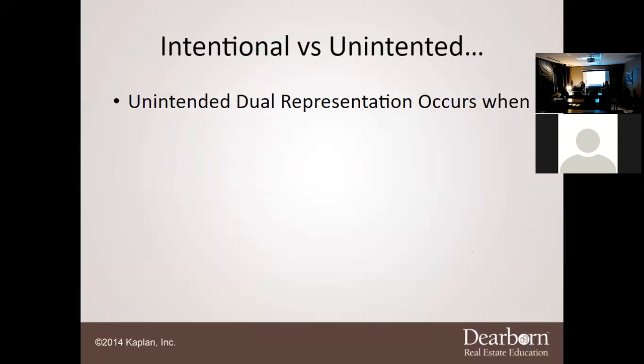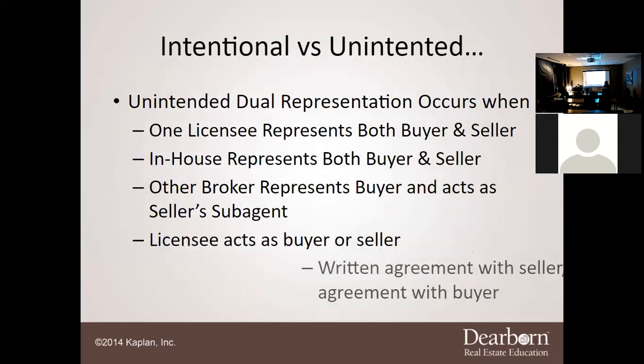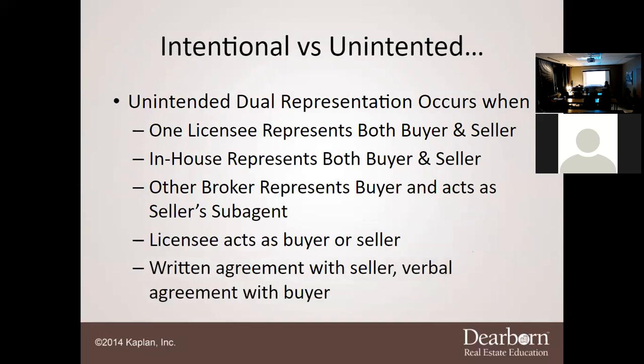Now, what's this deal between intentional and unintentional? The first thing we want to look at is that unintended dual representation occurs when one licensee represents both the buyer and the seller. Oftentimes the in-house agent represents both the buyer and the seller.